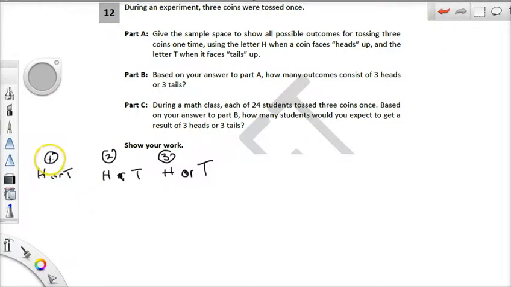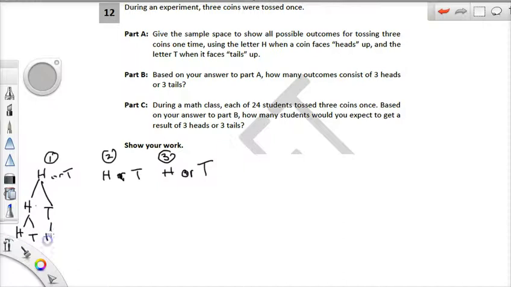So let's say the first time you get heads, and the second coin could be either heads or tails. After that, the third coin could also be either heads or tails.